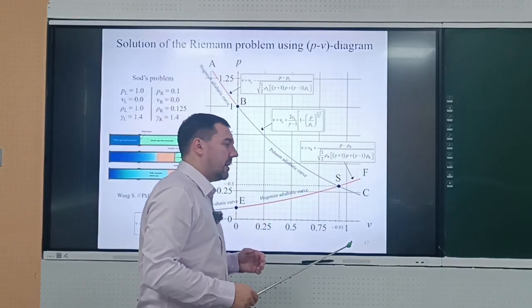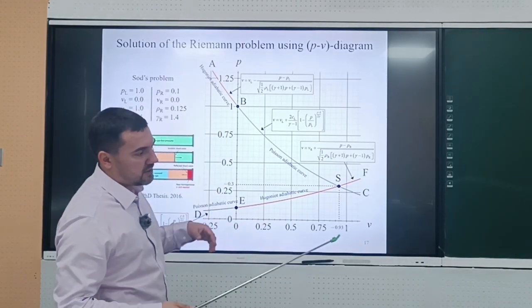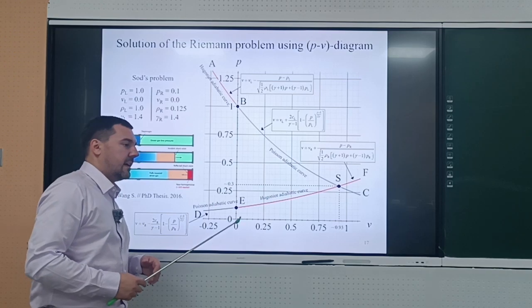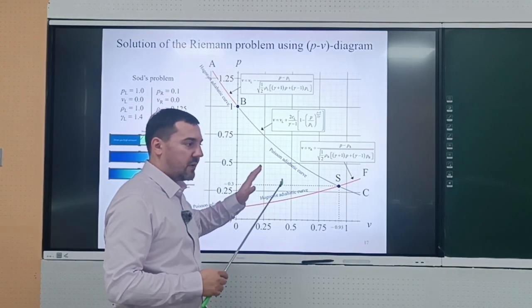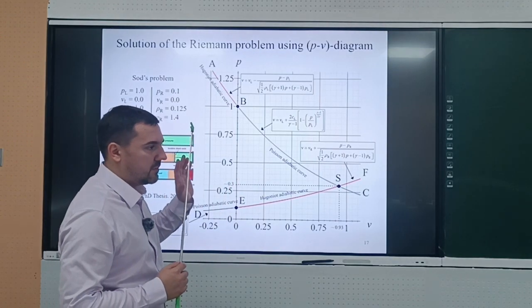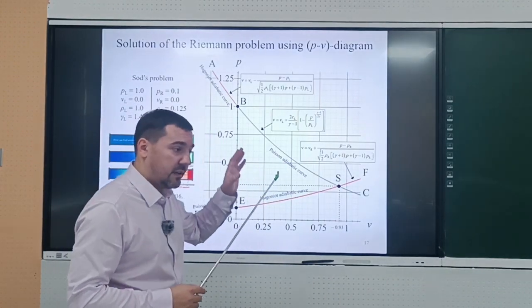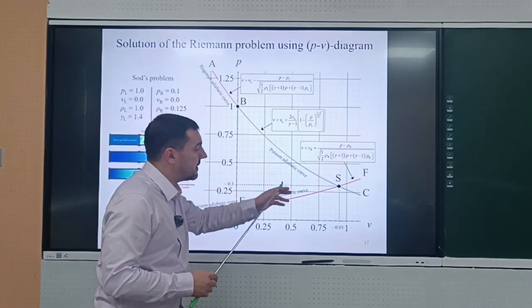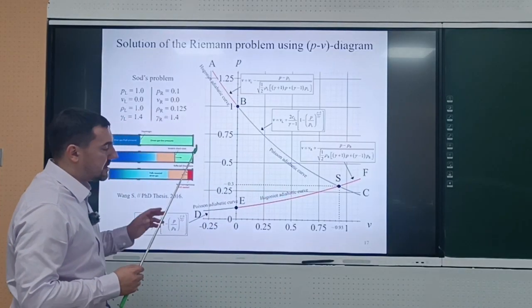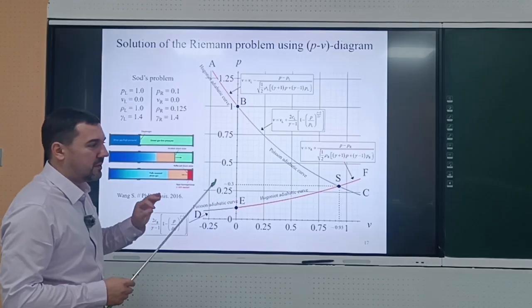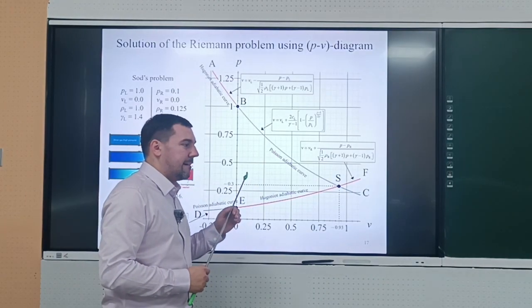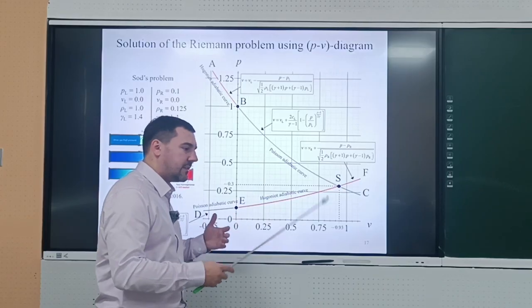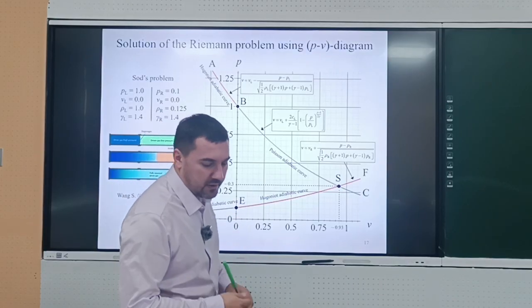Next time we will discuss the HLL and HLLC numerical methods as approximate Riemann solvers, because Godunov's method is great, but it's not very cheap. And although it's based on the exact solution of the Riemann problem, it still has a number of features and disadvantages. It does not mean that this method is the best one.